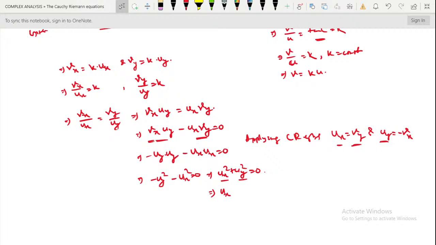Okay. So f of z and f of z whole bar are analytic. Let f of z be equal to u of x,y plus i times v of x,y, and it is analytic. Then what is f of z bar? Your f of z bar will be u of x,y minus i times v of x,y.